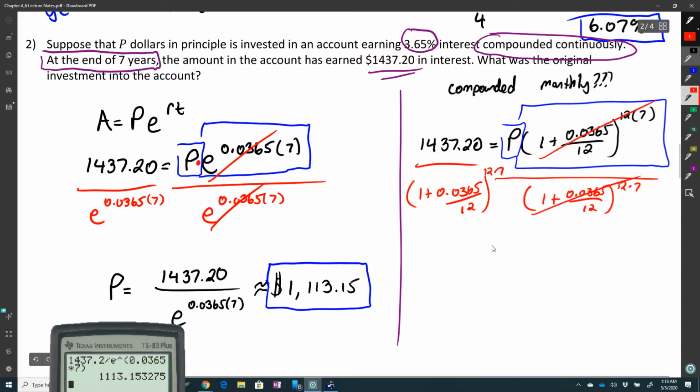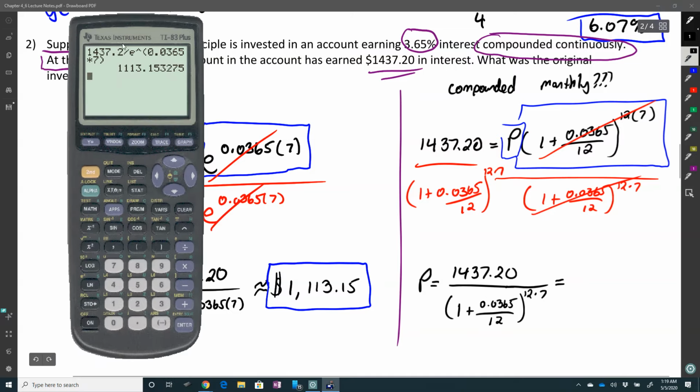So those cancel. And the value you get for P, if it's compounded monthly, is this. Okay, so this is the exact value.